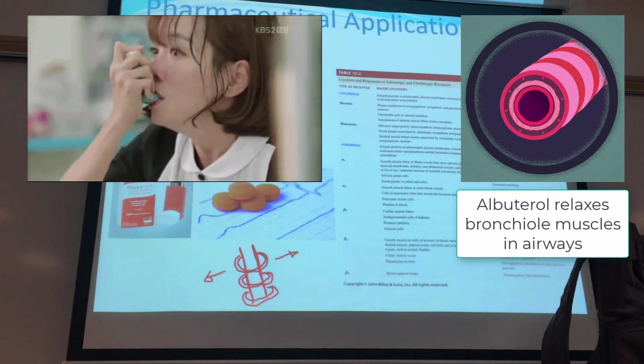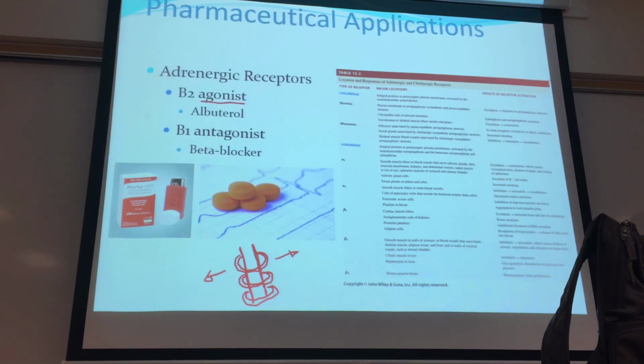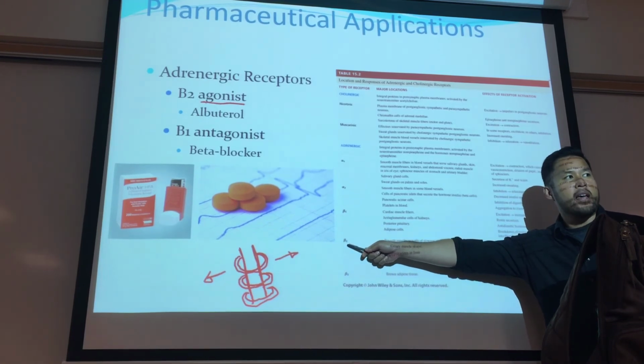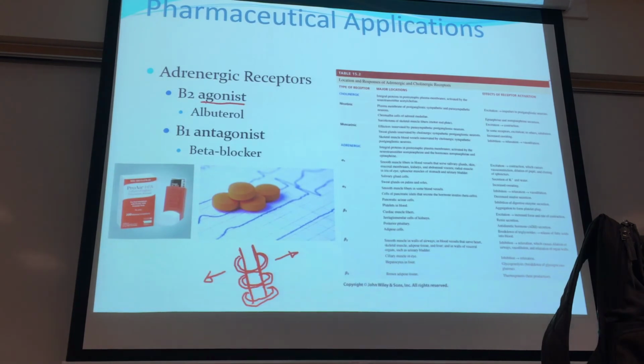And it works fairly fast, and that's why it's called an emergency medication, because it usually works in about 10, 15 seconds, and really takes the strongest effect after 2 minutes. And once you relax the airways, somebody can breathe a lot better than before. So that's an agonist, meaning it's going to bind to the beta 2 receptors and do exactly what epinephrine does, to open up the airways.